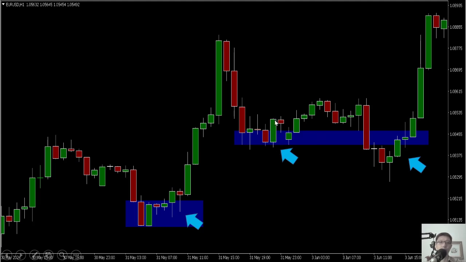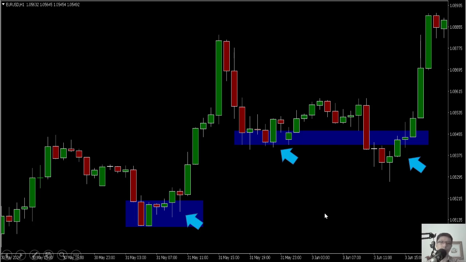This is 1 push, and then it fails, goes down again, and then sellers close the price below this support area, and this buyer comes in and closes here. So this is the second push. This is 1 push and 2 push, and then it starts to go to the uptrend. You have to be aware of this behavior. Sometimes 1 push, sometimes 2 push.